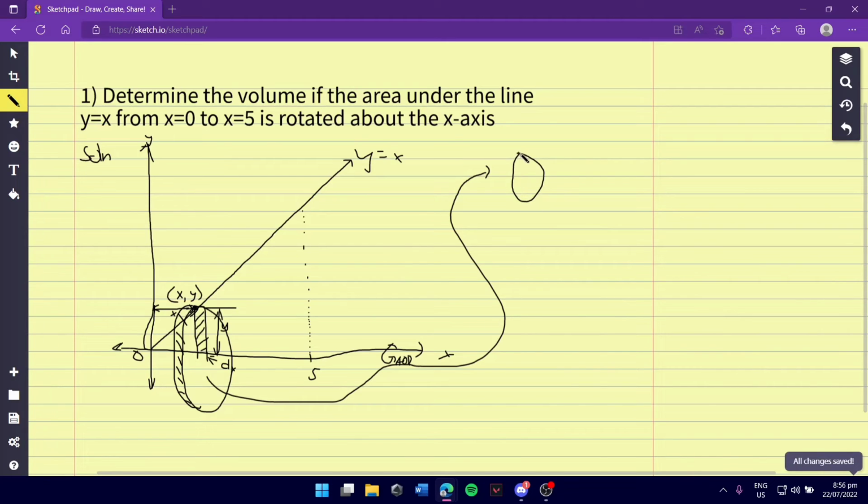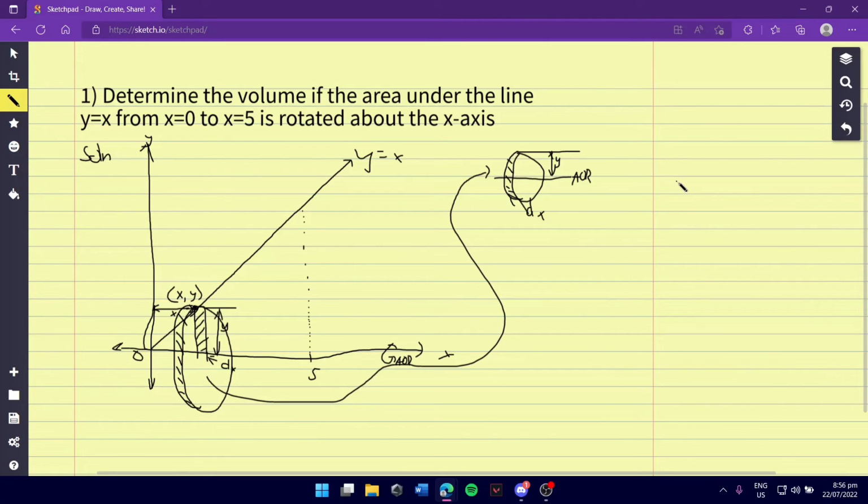This is your disk, like that, and this is your AOR, right? So labeled it. From here to here, this is your y, and then the thickness is your dx, right? Next, solving.